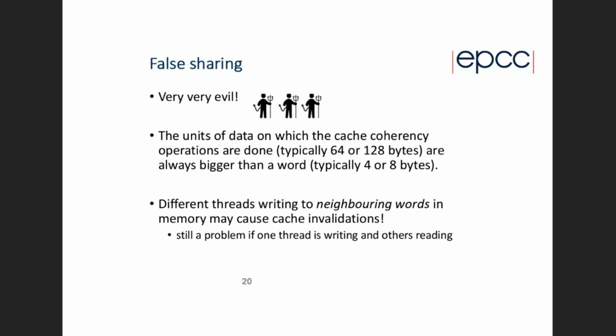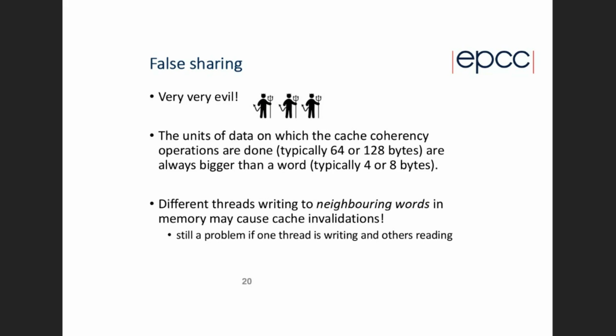Okay, false sharing. This is a nasty side effect of the cache coherency mechanism. Think of the process by which caches get exclusive copies of data items and invalidate other copies.